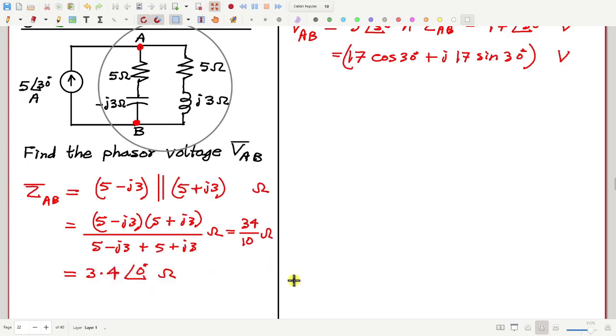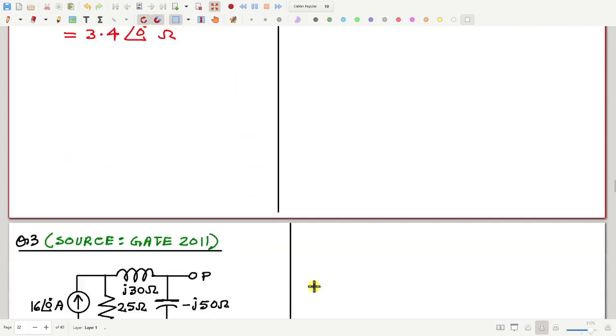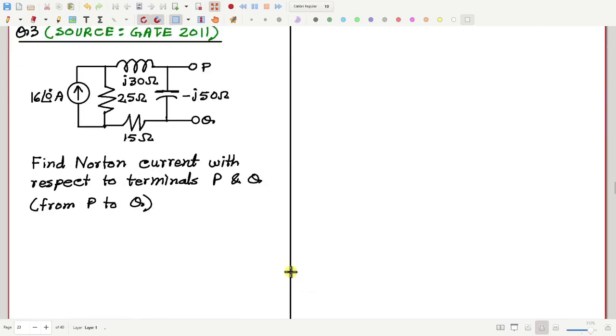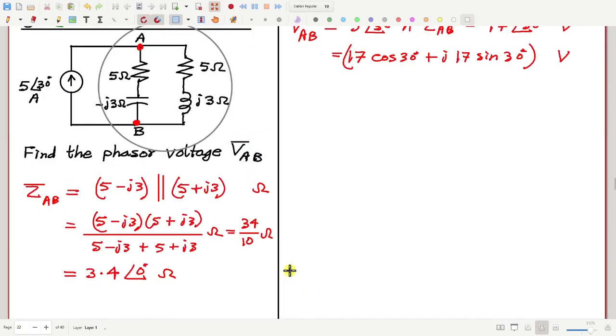J will not get cancelled, so we'll get a mixture of real part and imaginary part. Let me take more questions; if your doubt remains, you can ask. This impedance we will write as 3.4 plus J0. Absolutely. Got it.